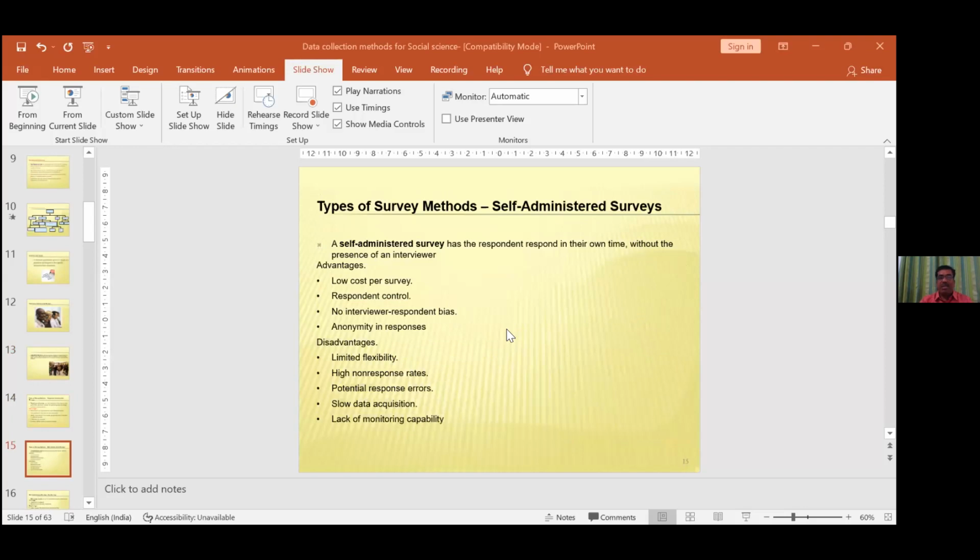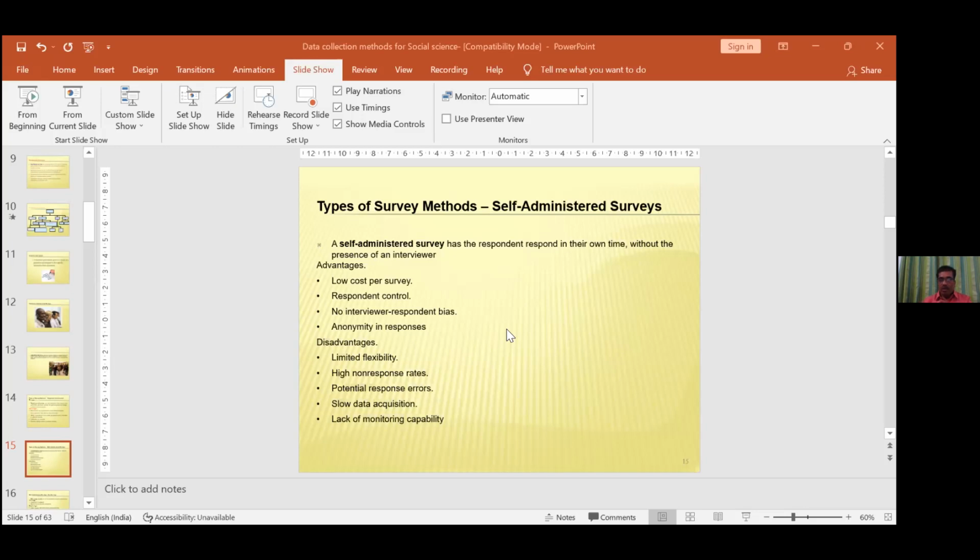Similarly, you can also administer the self-administered questionnaire. You can collect the primary data by way of a self-administered questionnaire. What is a self-administered questionnaire? In a self-administered survey, the respondent fills in the questionnaire in their own time without the presence of the interviewer.